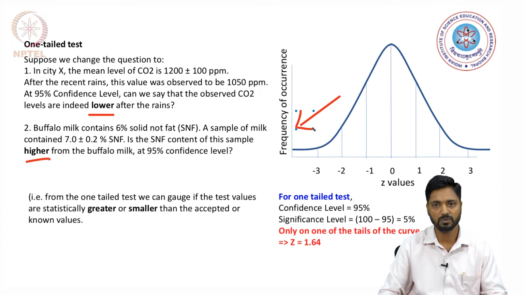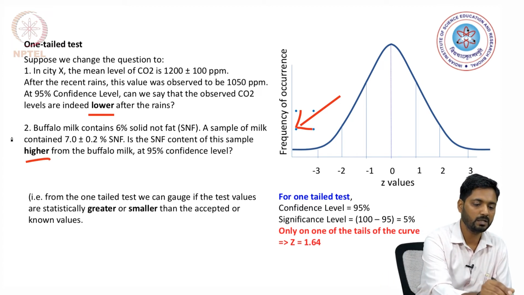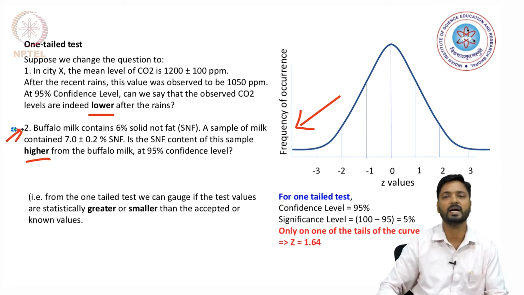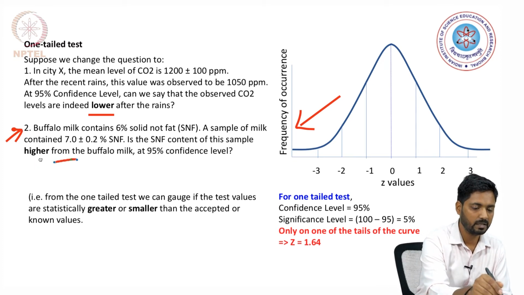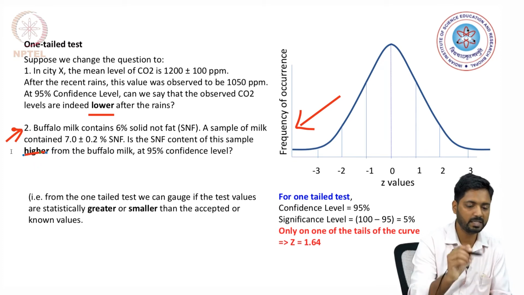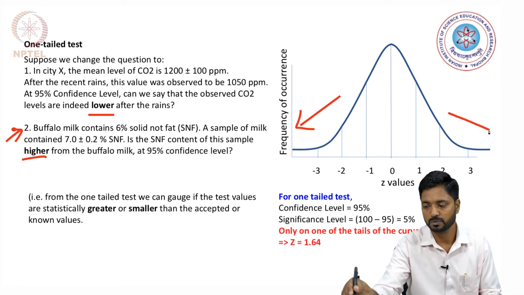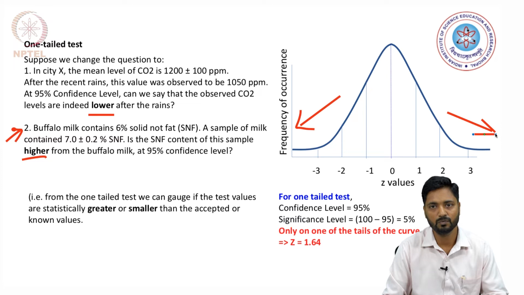However, if the question at hand, for example, in question 2 highlighted here, is whether the reading is higher, and when we are dealing with that, we are going to be concerned with only the right hand side of the Gaussian profile, or the right tail.